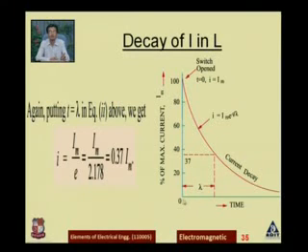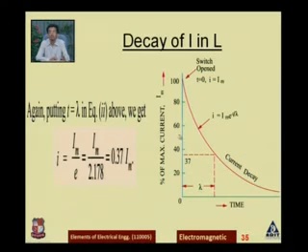In the rise of current this was the point, but in the decay of current this is the point that we should consider. The current will decrease by some magnitude as time passes. Ideally the current will become 0 after infinite time.